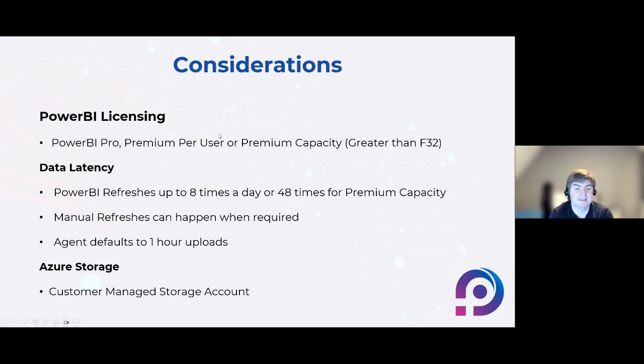But if not, then the users of the report will potentially need to have their own separate licensing. And then also, as we previously mentioned, at this point, you would need your own customer managed Azure storage account as well. Fantastic.